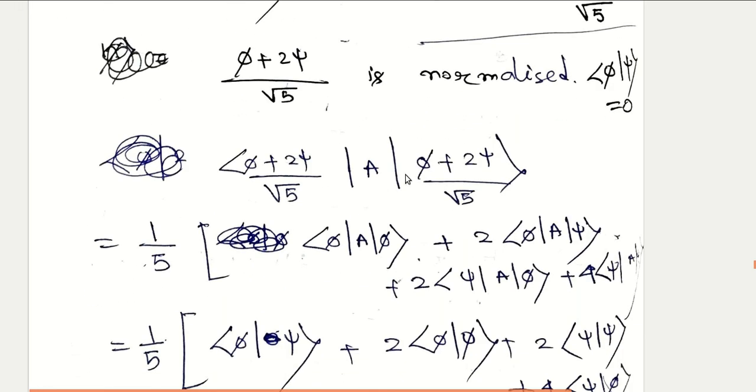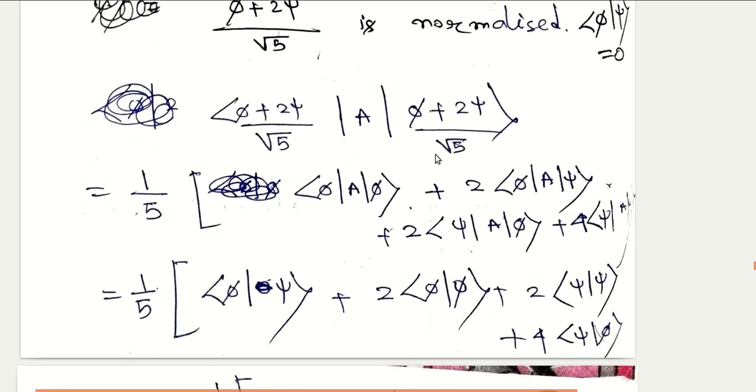The 1 by root over 5 and 1 by root over 5 will give you 1 by 5, and then you multiply out the terms: psi A psi, psi A phi, phi A phi, phi A psi, with the factors of 2 and 4 into psi A psi.